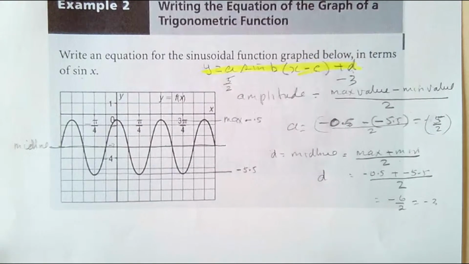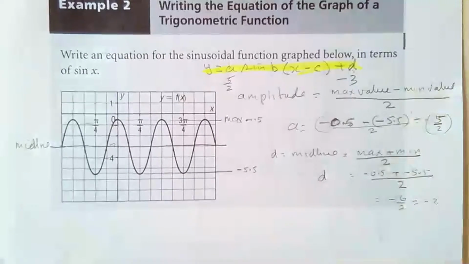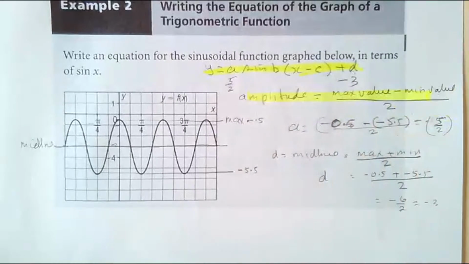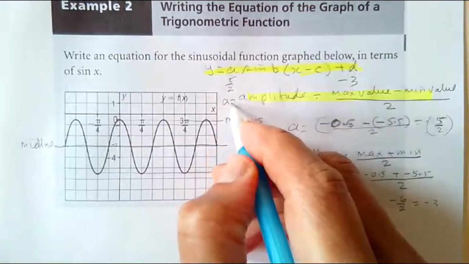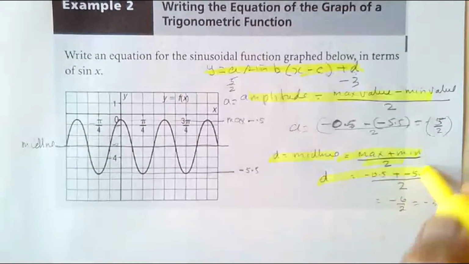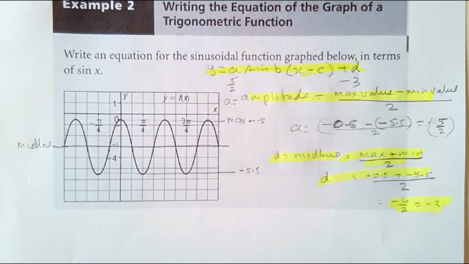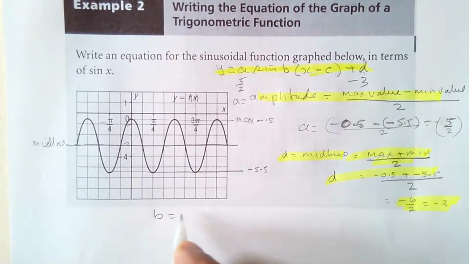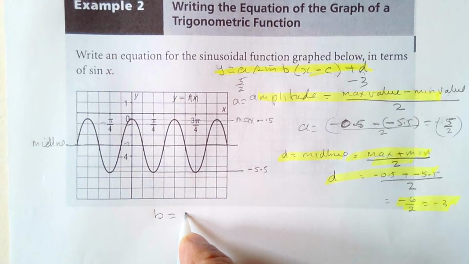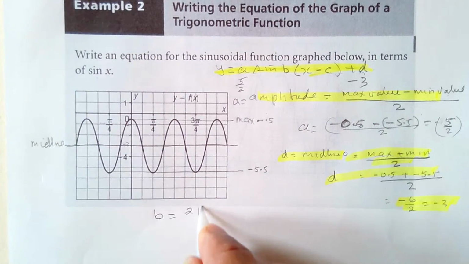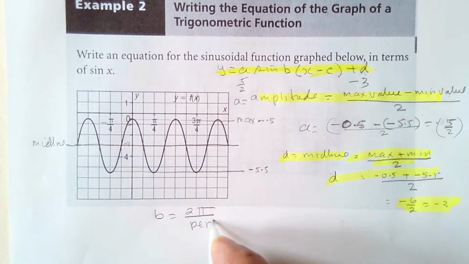Next, we have the A and the D. So we're going to find the B, which is the horizontal stretch. The B is equal to 2 pi over the period.